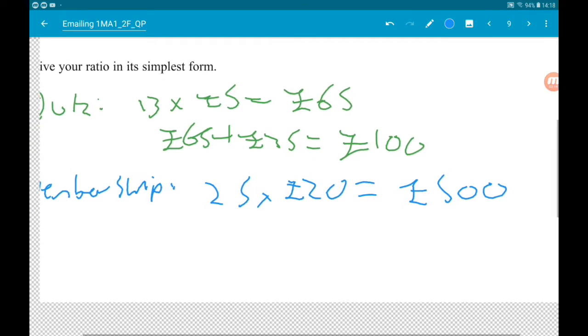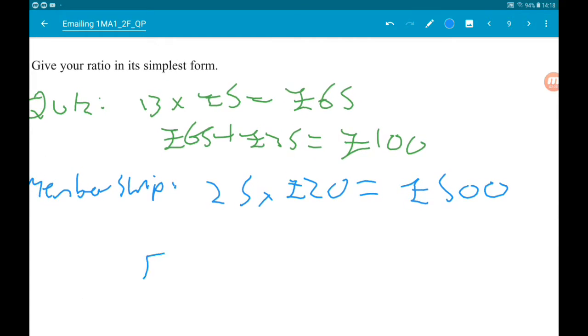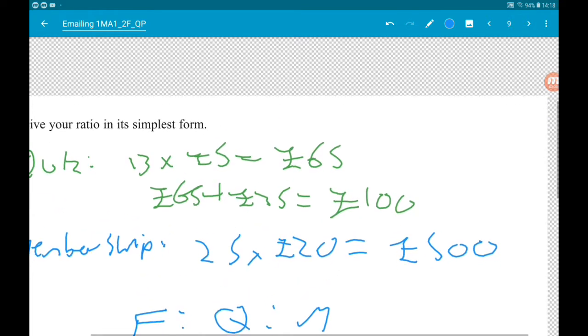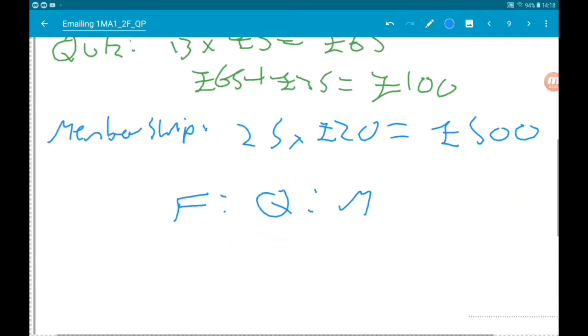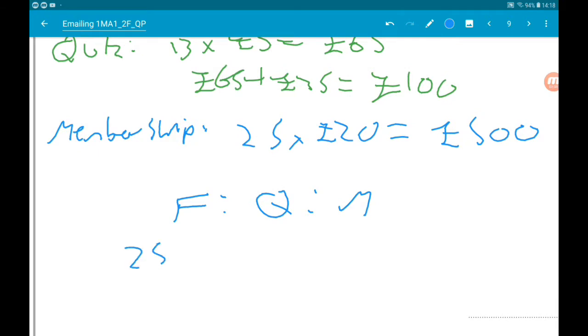So, we can now say that the fete to the quiz to membership was 250 to 100 to 500.